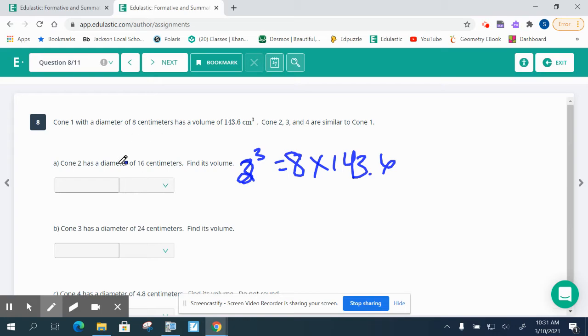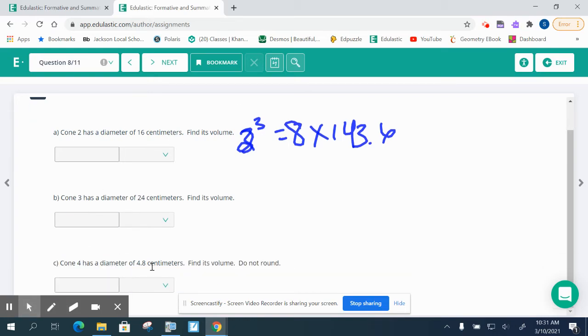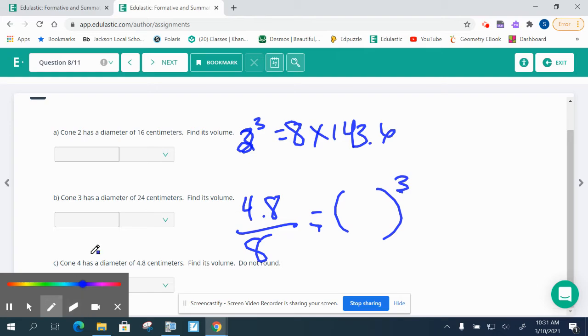Now for part C, it's a little bit different because you're dividing. To get the scale factor, you would take 4.8 divided by 8, get that fraction, or that's going to be a decimal, cube it, and that's what you will multiply the volume by to get the volume of cone 4. I actually made this question up myself.